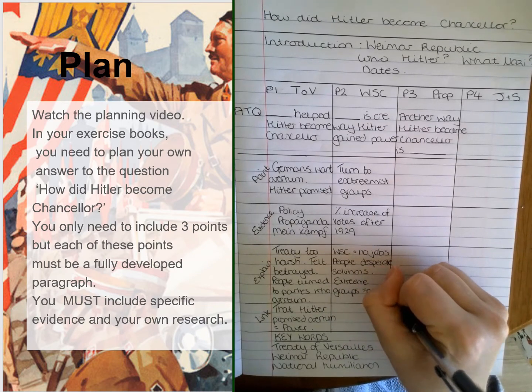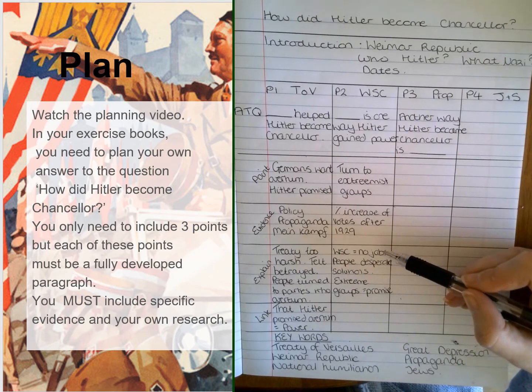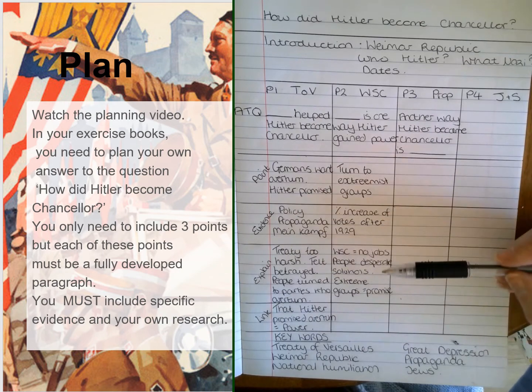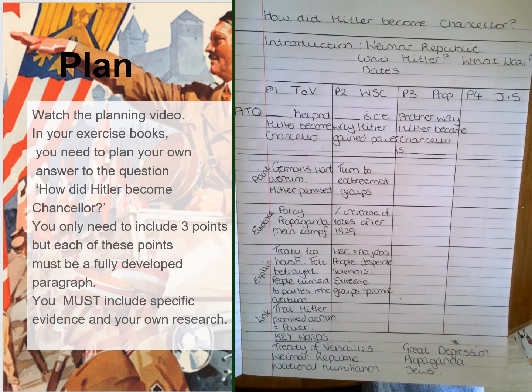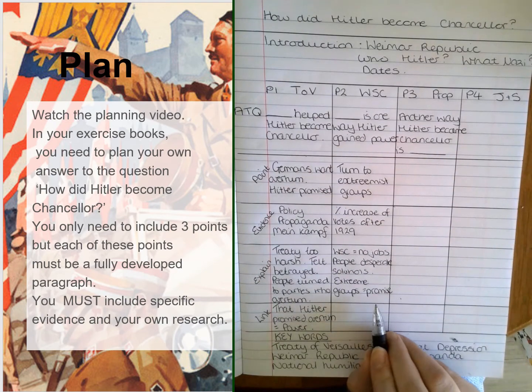Simple promise. Now here I might also want to mention how the Nazis and other groups were blaming Jewish people, were blaming communists, were blaming socialists for the unemployment rates and for the Wall Street crash. So I might want to include that in there as well.